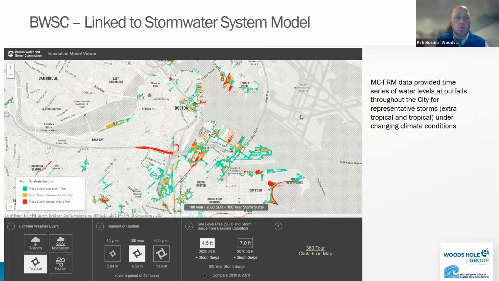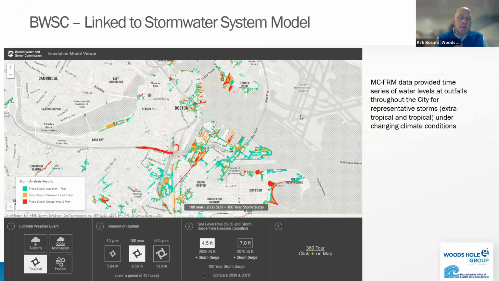And so they have this whole inundation model viewer online. I took a snapshot of it here. We worked with them to provide that data to set it up, and then they did all their work on their stormwater front to identify how the linkage between the ocean and what was happening with the precipitation, for various types of storm conditions, affected what they were going to do.